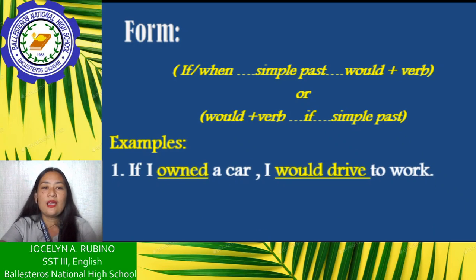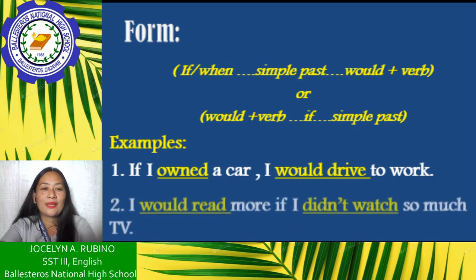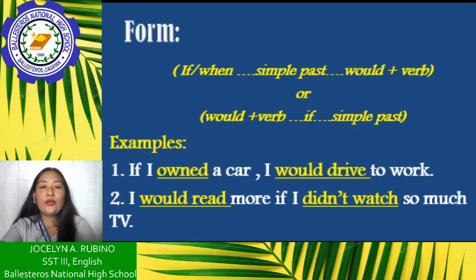Example, if I owned a car, I would drive to work. Ma'am, how come that it is present unreal? On my part, it is unreal. Why? Because I do not have a car. So, if it happens, if I owned a car, then I would drive to work. Okay? Number two, I would read more if I didn't watch so much TV.